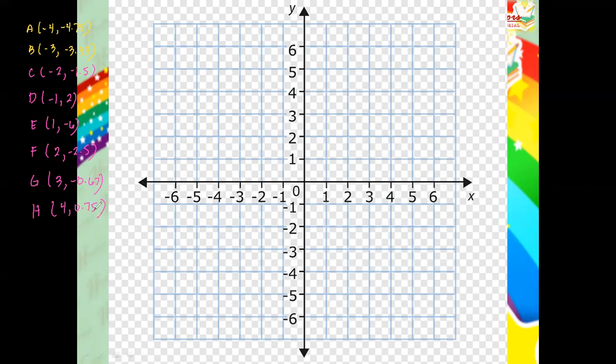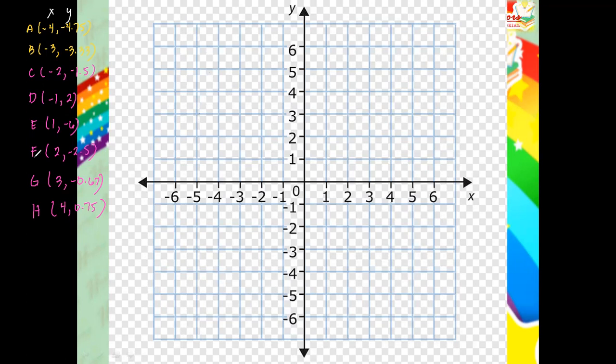Now we are eligible to plot it. So let's plot the points that we have here. I will label it. Let's have letter A, -4 and -4.75. Remember, these are the values of x and these are the values of y. The first coordinate is always x. So -4 and -4.75.